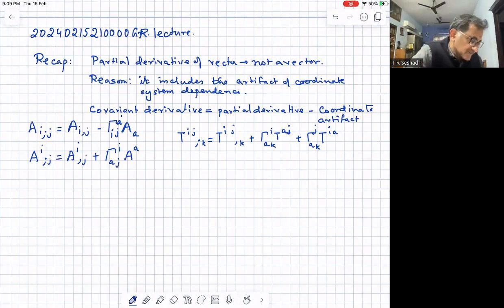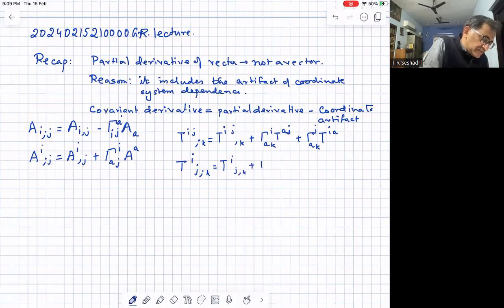Yes. Okay. It's just practice, it will come. Now suppose I have T^i_j semicolon k. This will be T^i_j comma k. Now there is one contravariant, so I will have a plus gamma T, and the other is covariant, so I will have a minus gamma T. When I'm replacing the contravariant, this i has to be replaced.